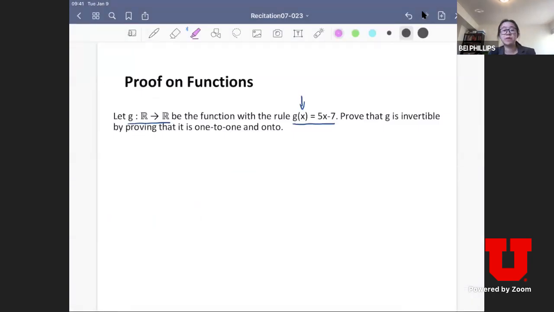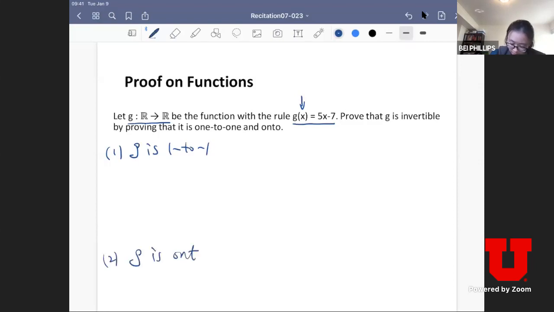All right, let's go back to the proof. We want to prove this function is both one-to-one and onto. Okay. So do I have a volunteer? How do we approach this problem? Of course, you want to first show g is one-to-one, and also you want to show g is onto.